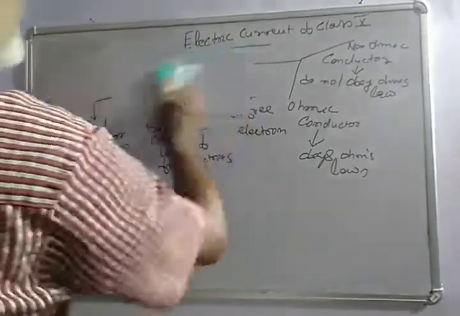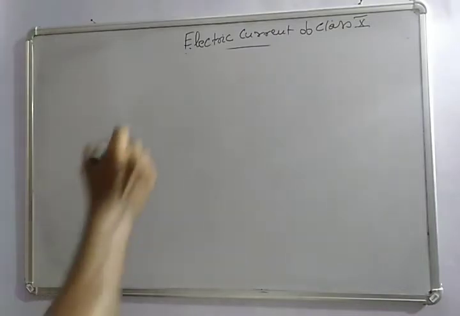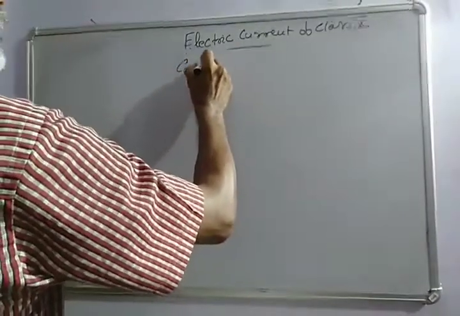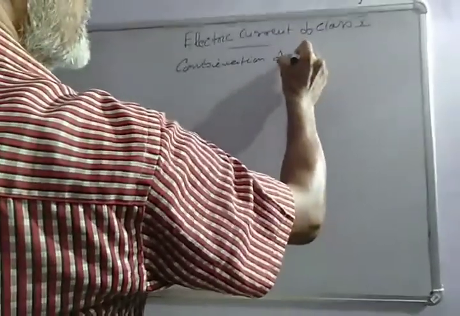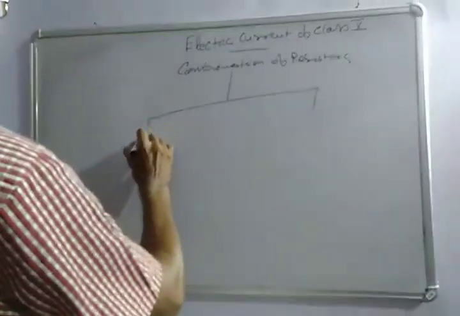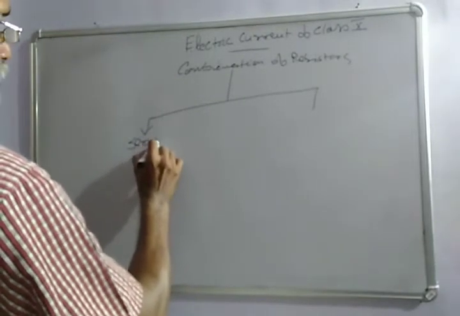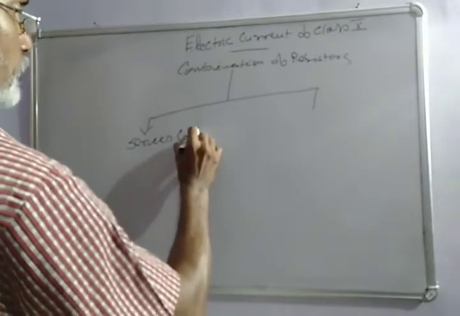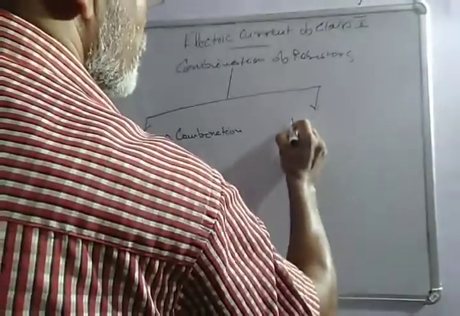Now we will read about the combination of resistors. The combination of resistors is done in two types: series combination and parallel combination.